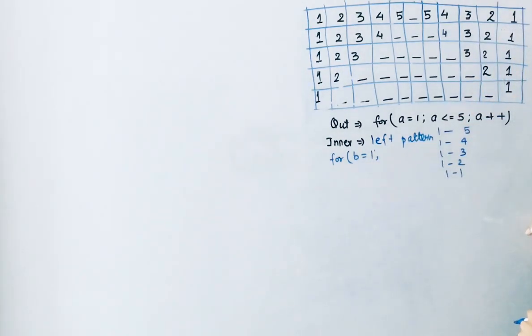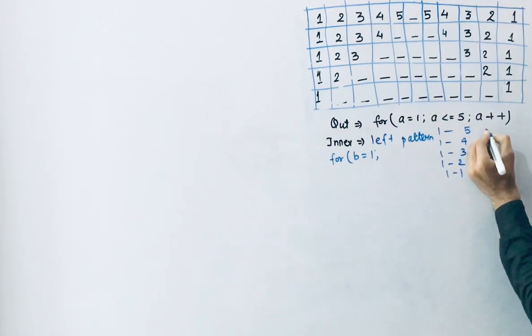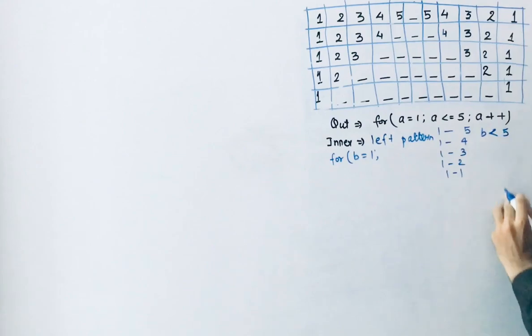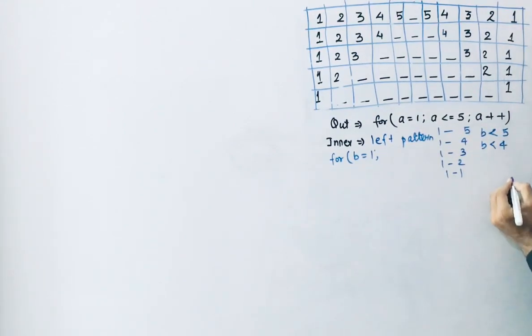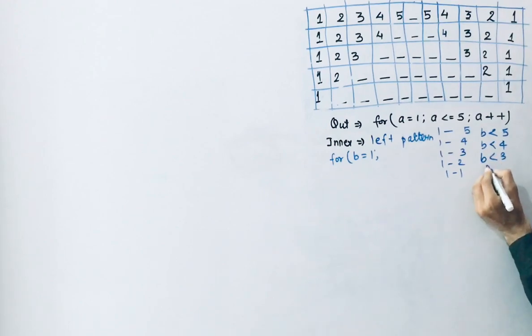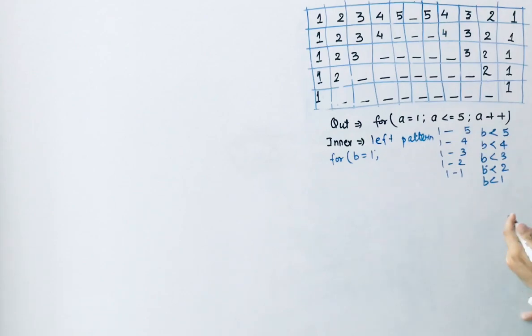Clear? And then the next thing is the condition. The first time the condition is 5, meaning b needs to run 5 times. The second time it needs to run 4 times, then 3 times, then 2 times, and then 1 time. So I am going to write p equal to 5 and then p minus minus.